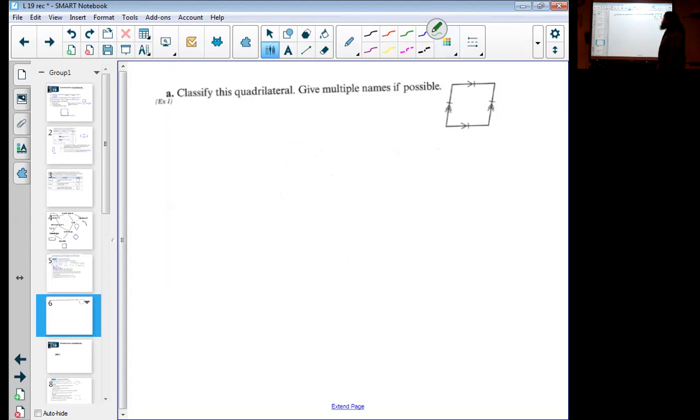So it says classify the quadrilateral, give multiple names if possible. If we look, all four sides are the same, but we aren't told anything about the angles. So that means it is a rhombus.